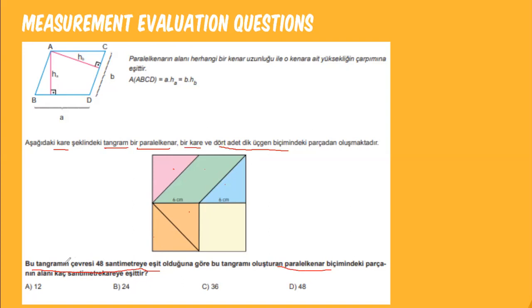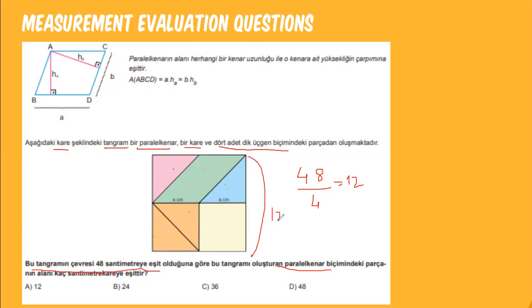Okay, the perimeter of the square is 48, and you know the finding perimeter of square. Yes, 48 over 4 for each side. Each side is equal in the square. 12 centimeter.